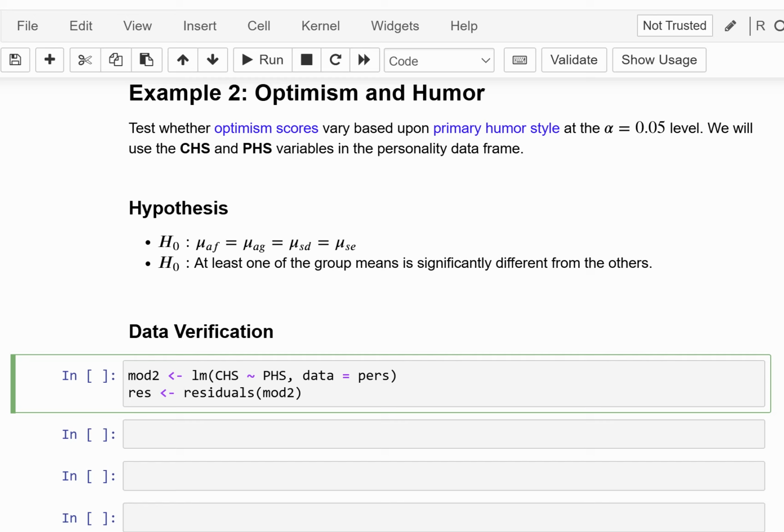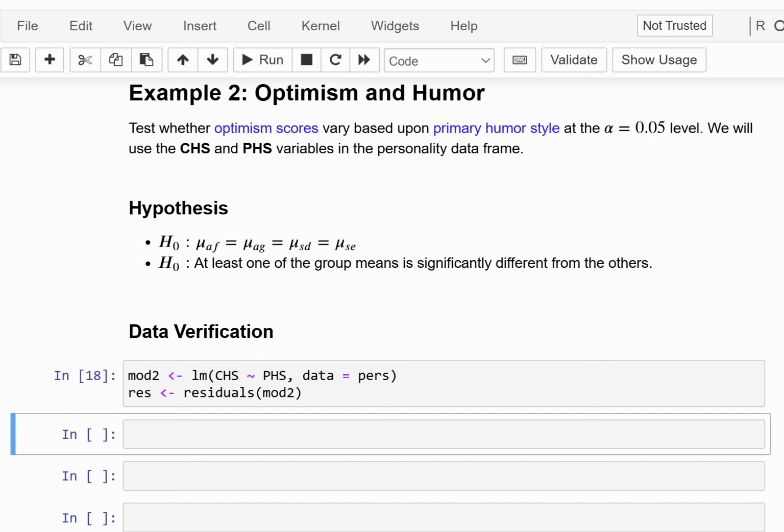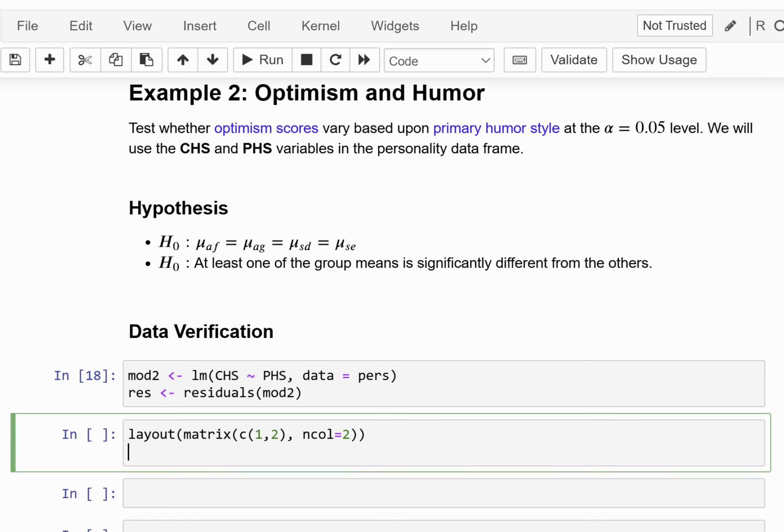Okay, and then what am I going to do? As always, do the layout, the matrix, the concatenate function with just a 1, 2. I'm going to do the ncol equals 2. All right, and then what?